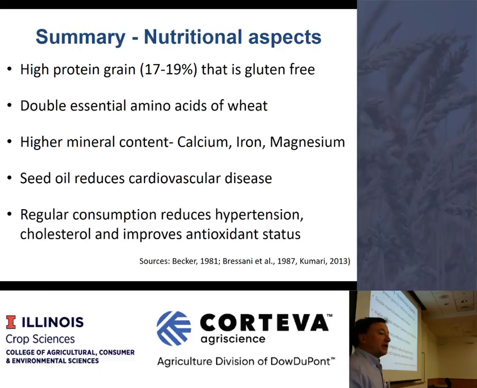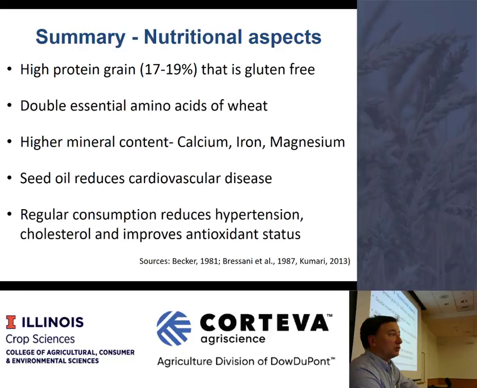Because of the nutritional aspects, amaranth is garnering this new foods market and whole foods, healthy foods market. And it's a source of a high protein grain that's gluten-free. So generally on those health bars, when they make those claims, they'll often use these ancient grains. It's also got some essential amino acids that aren't common in wheat flours. It's got high mineral content.